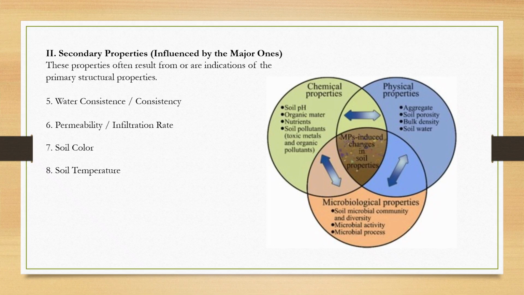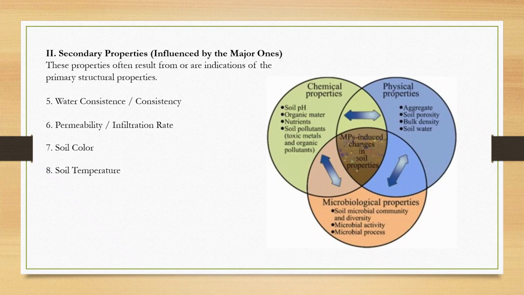This central area indicates that the presence of microplastic in the soil has simultaneous and interconnected effects on all three categories: the physical structure, the chemical reactions, and the function of the microorganisms are affected by microplastic, which is deposited by humans in the soil nowadays in a very adverse way. So microplastic changes the soil properties.